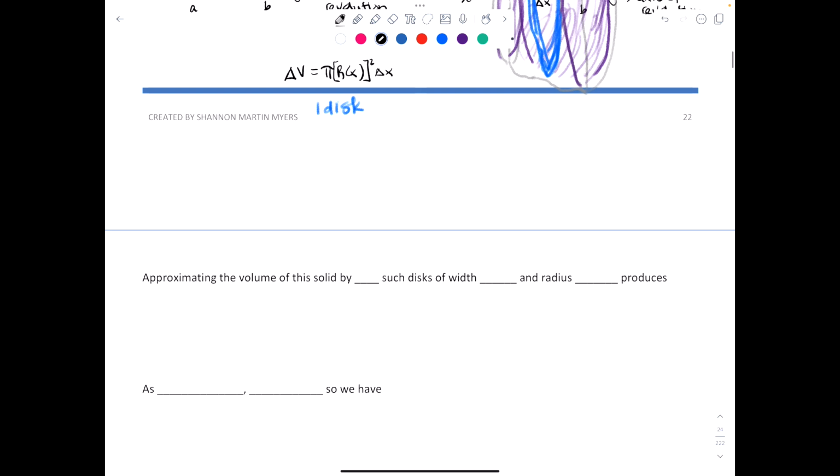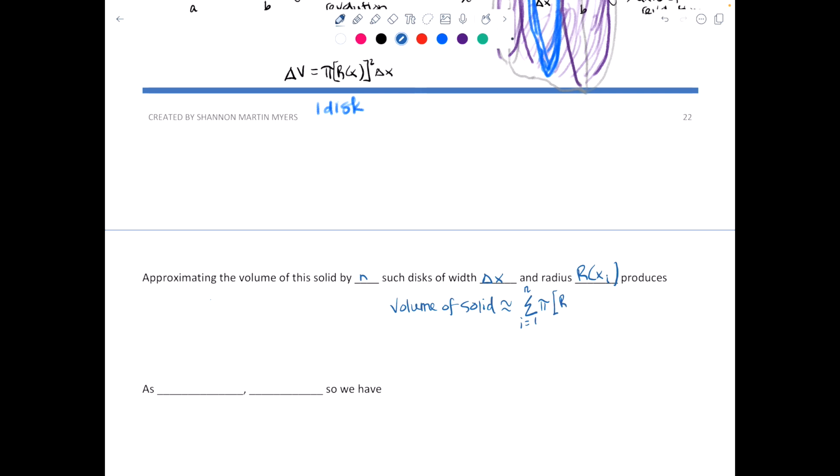So approximating the volume of this solid by n such disks of width delta x and radius R of some x i produces the volume of the solid would be approximately the summation from i equals 1 to n of pi R squared.